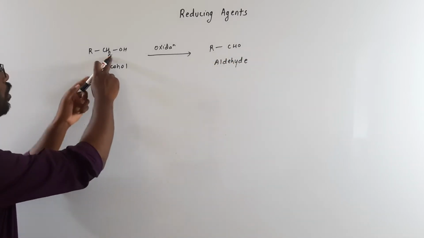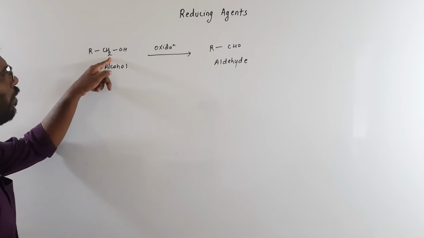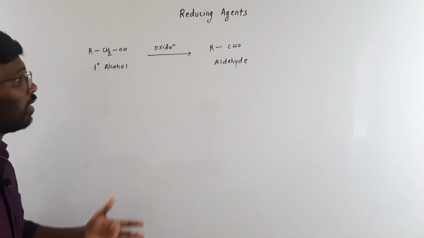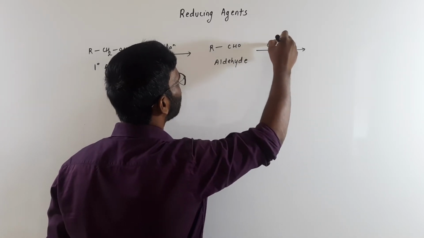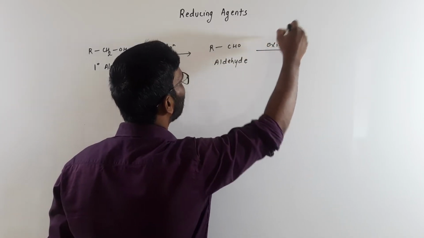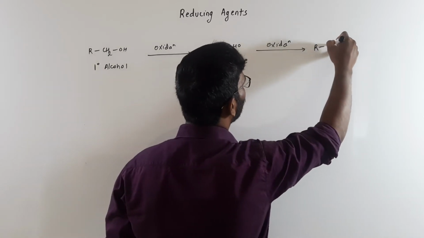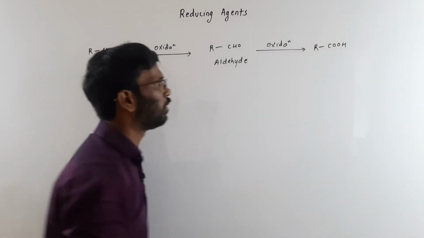There is a removal of two hydrogens, right? That is what oxidation is. If I oxidize this further, I will get a carboxylic acid, RCOOH.